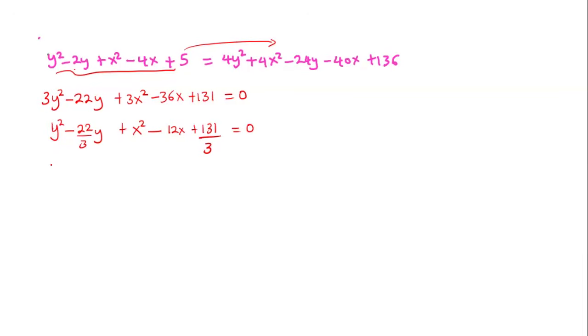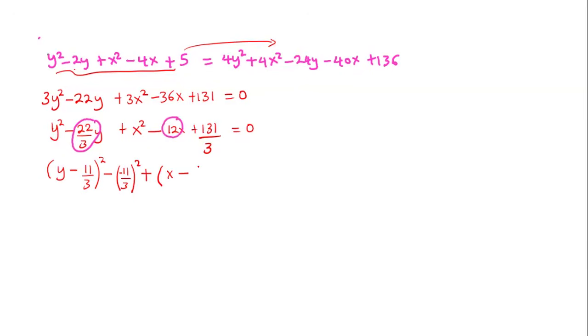So by completing squares, it means that here we shall have y minus 11 out of 3, everything squared, minus 11 out of 3, this is negative 11 squared, plus x minus, you always divide what you have here by 2.